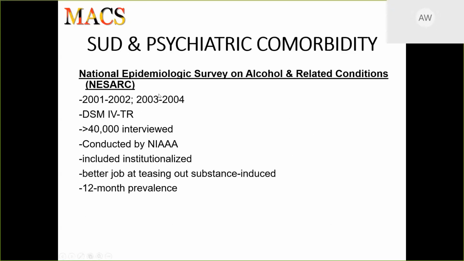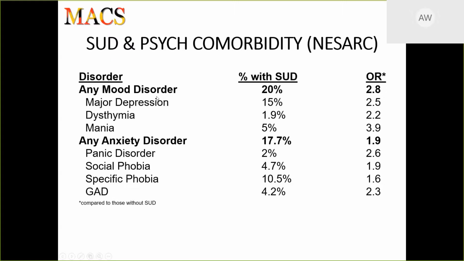This is another one of the big studies that tried to look at comorbidity, the NESARC. It was done in the 2000s, so at DSM-4. Tons of patients were interviewed, and the results are not very different from the last one. Any mood disorder, 20%. The odds ratio means it's almost 3 times as likely to have a substance use issue if you have a mood disorder.